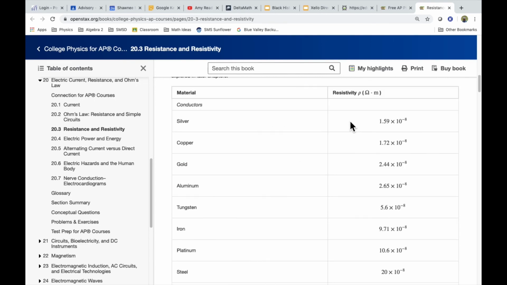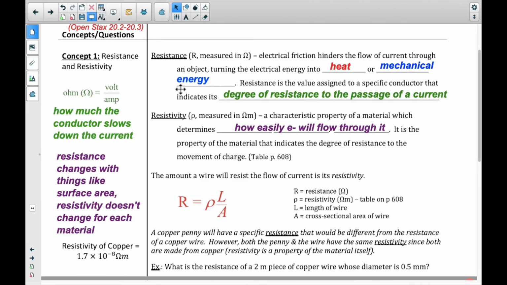It shows you the resistivity of silver, copper, gold, aluminum, etc. Each of these is a numerical value assigned to a certain conductor. You could take a copper wire and have a really big fat copper wire, or a really skinny copper wire. They would have the same resistivity, but a different resistance. The larger wire would allow more current through, so it would have less resistance. The smaller wire would be thin and have more resistance. So that's resistance and resistivity.